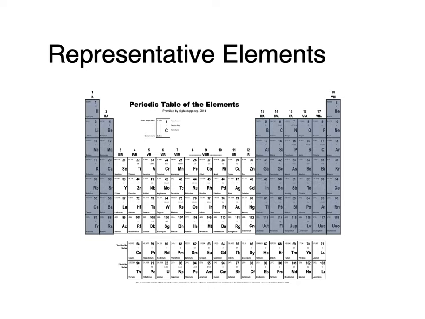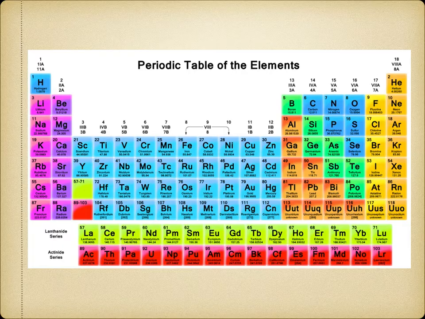So they're things that are filling s and p sublevels, and typically their chemistry is about gaining or losing electrons to get to noble gases. Whereas transition metals and inner transition metals, for the most part, are too far away from the noble gases for that to motivate their chemical properties.